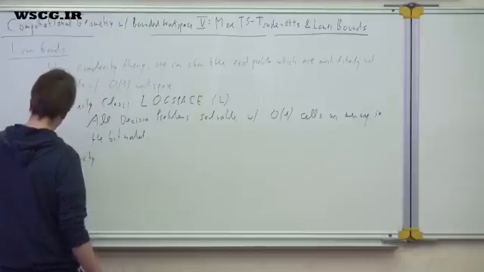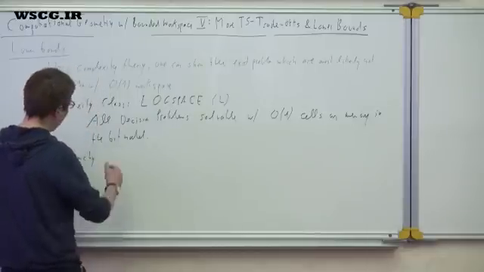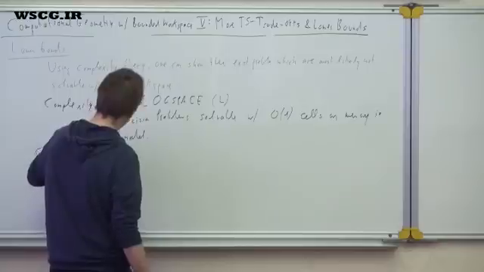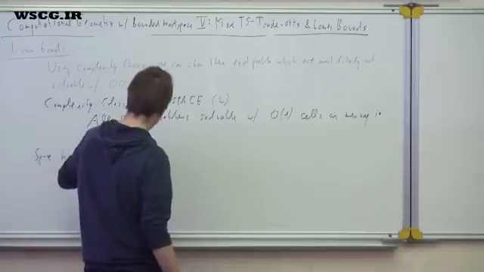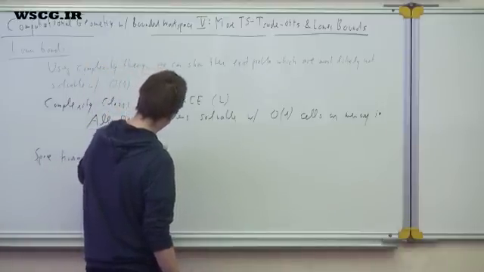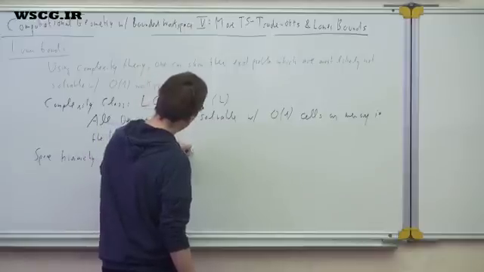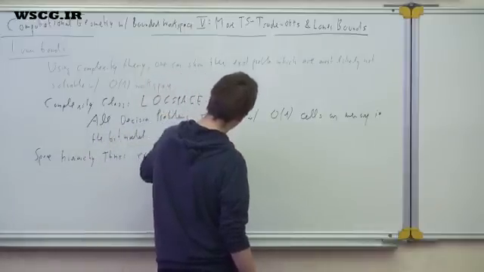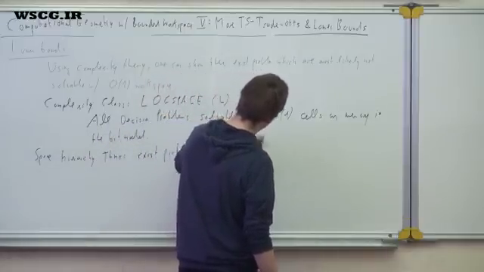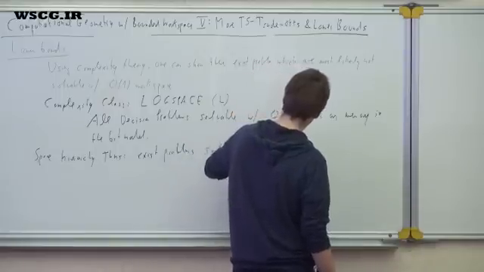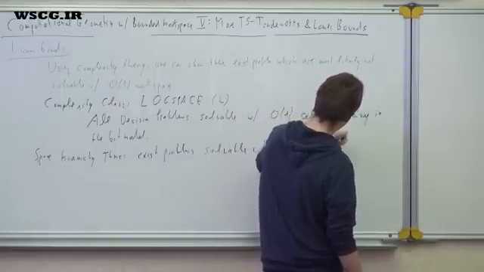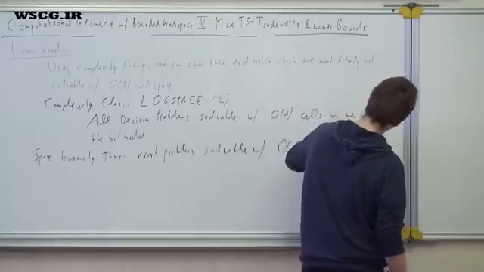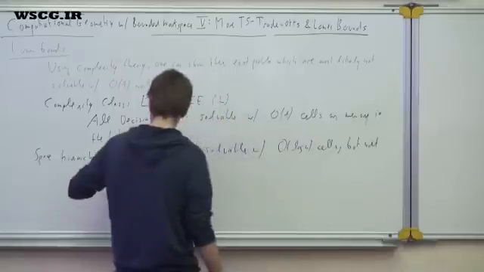I'm not going to prove this, but it is known in complexity theory that, for example, there exist problems solvable with let's say something like O of log n cells, but not O of 1 cells.